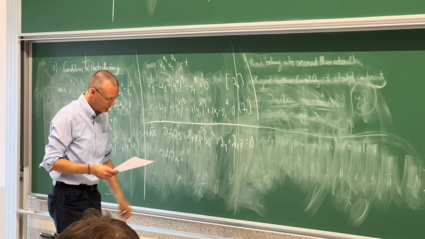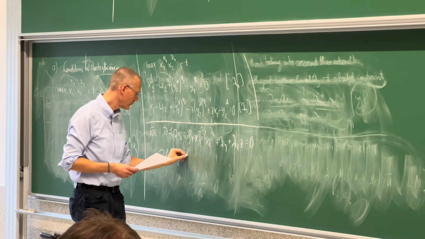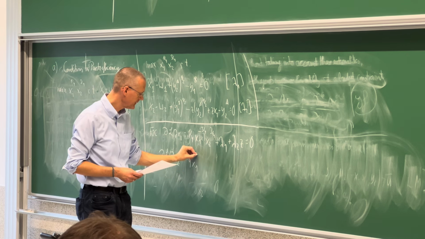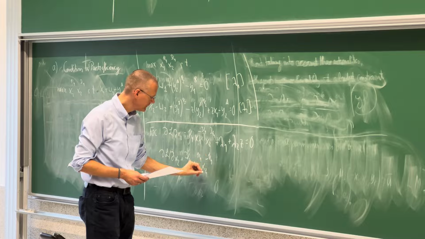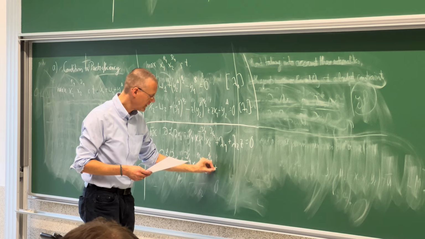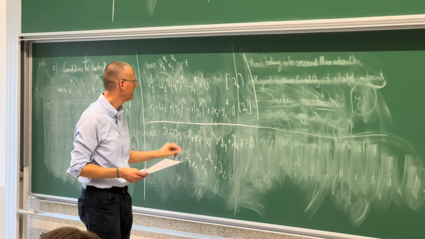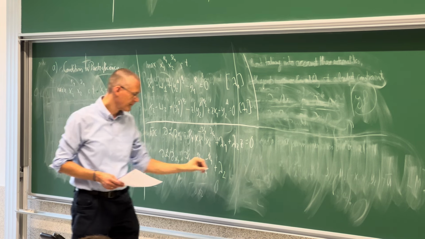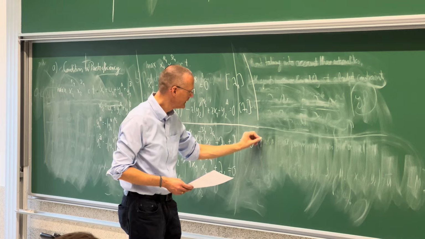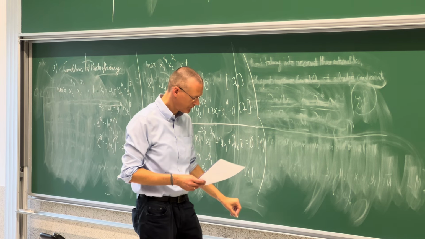With respect to x2, the first part is again the standard marginal utility, 1/4, plus, and there's no externality here, so this only appears here with x2. And these are the consumption first order conditions for the consumer.